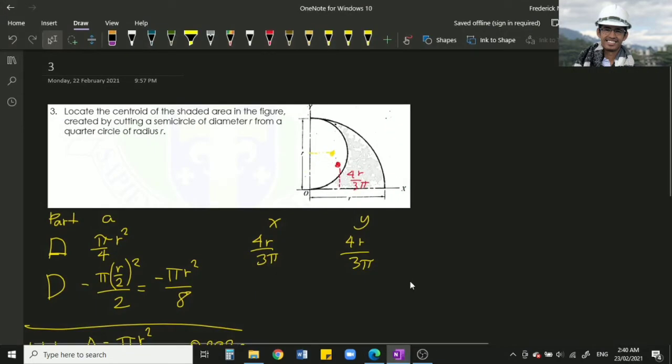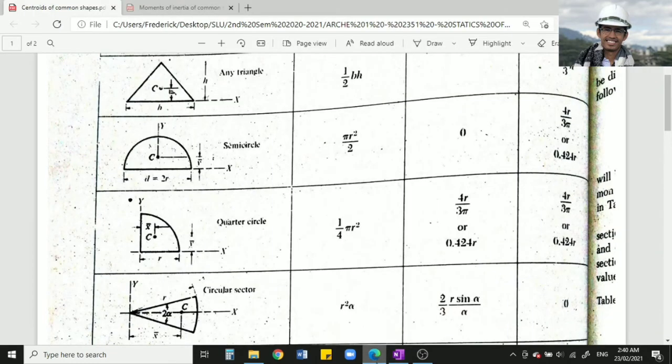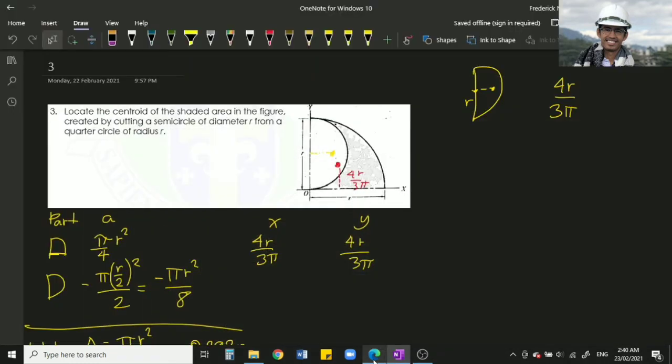So, yung semicircle natin, no? So, yung magiging radius natin, ito yung radius natin. So, dito banda. So, yung bar x natin, that will be 4r over 3 pi. Okay? Tama? 4r over 3 pi. Pero take note, yung diameter natin dito, ito yung r na gagamitin natin, no? Para iisa lang, no? So, yung r natin, i-divide natin ng 2.